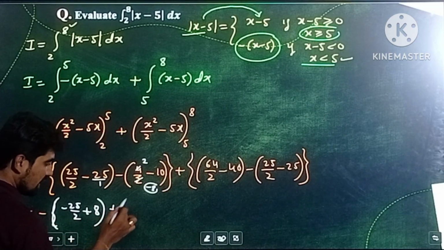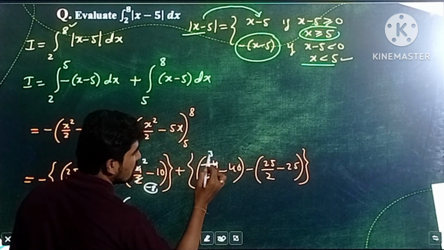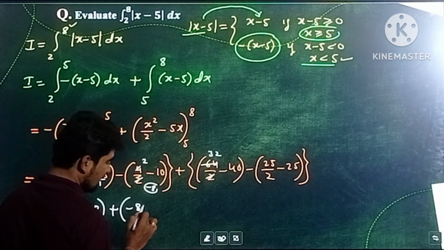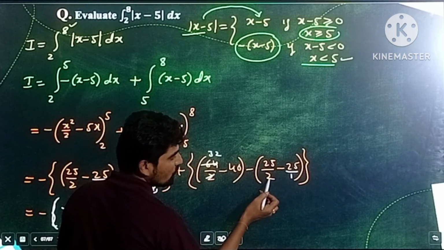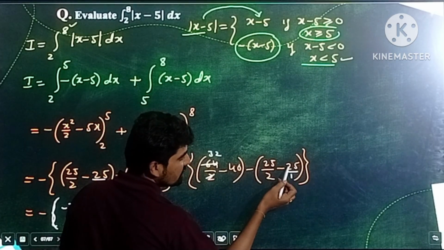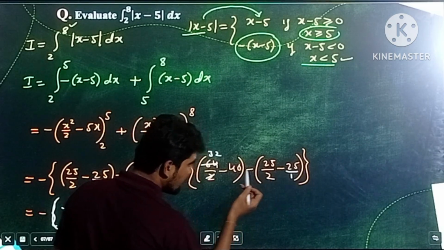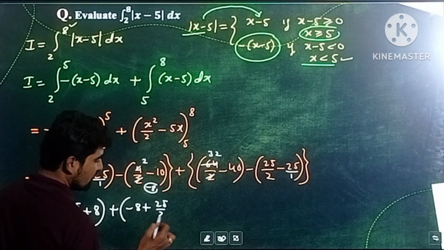Plus second one, 64 by 2 means 2 ones are 2, 32s are, 32 minus 40 is minus 8, and then minus LCM is 2, 25 into 2 is 50, so 25 minus 50 is minus 25, minus 25 divided by 2, minus into minus plus 25 divided by 2.